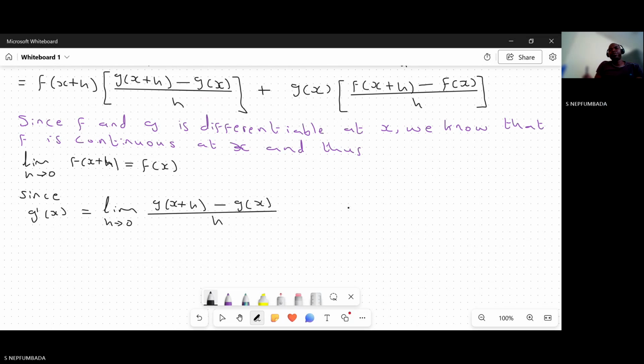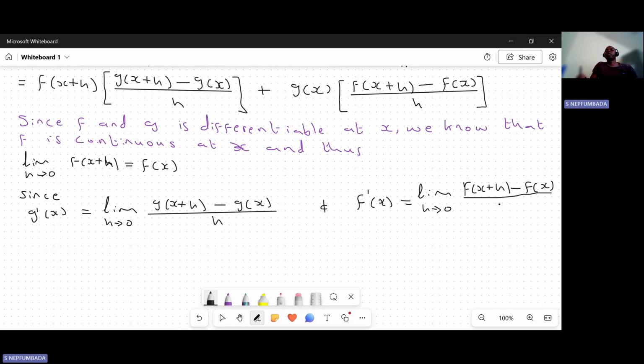And we know that f prime at x is equal to the limit as h approaches 0 of f at x plus h minus f at x, all divided by h.